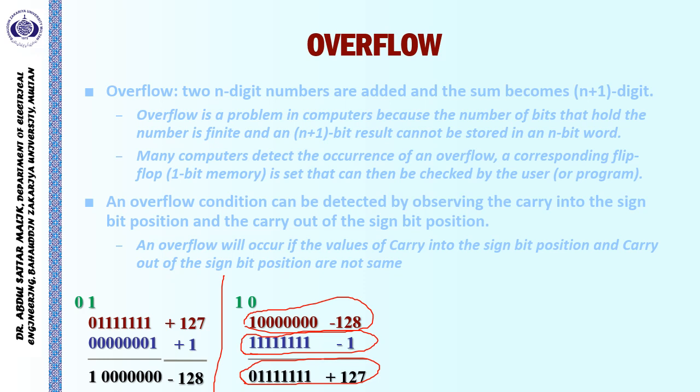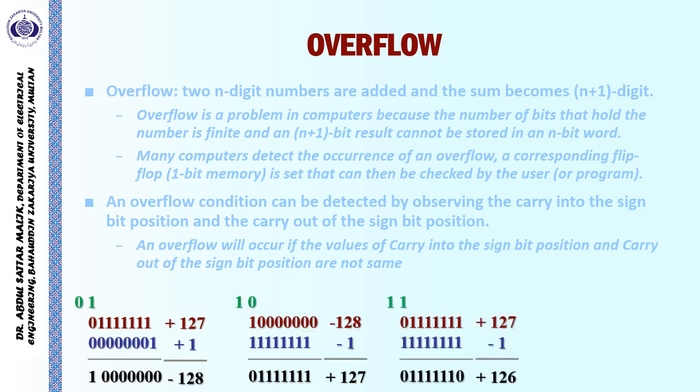On the other hand, rather than checking the result, if we see that the carry into the most significant bit is 0 and the carry out of the most significant bit is 1, since these two carries are not the same, we will just check whether these two carries are the same. If they are not the same, the signed result will not be correct.